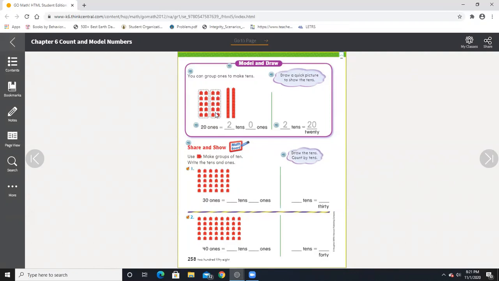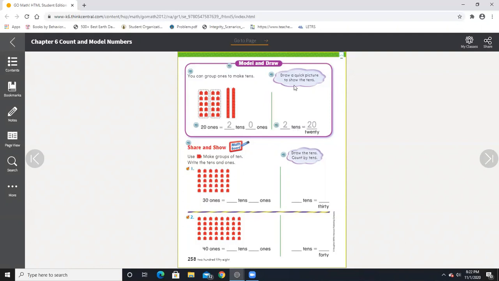So we have 2 groups of 10, okay? And so here are my 2 cubes right here. This is what they look like when they are connected. And we don't have any other cubes, so we have 0 ones. So if we draw a quick picture of it, 2 10s equals 20.